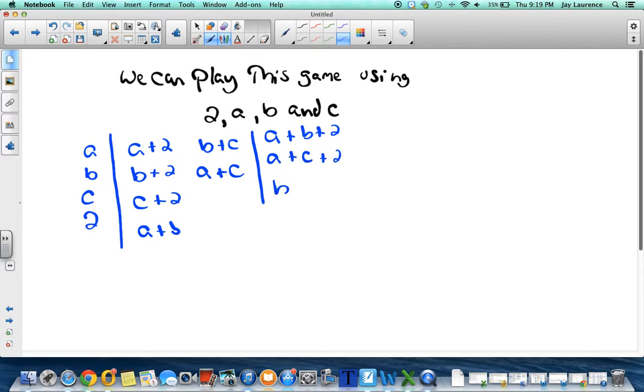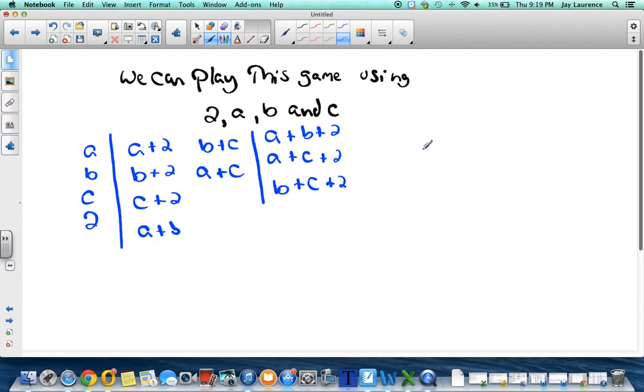Let me see here. B plus C plus 2. And then we could do A plus C plus, no, I already did that one. Let me see, using three different numbers. Is there another one? I've got a feeling there's not. A plus B plus C, AC2, AB2. Yep, I got AB2. All right. BC2. Yeah, I've got all those.